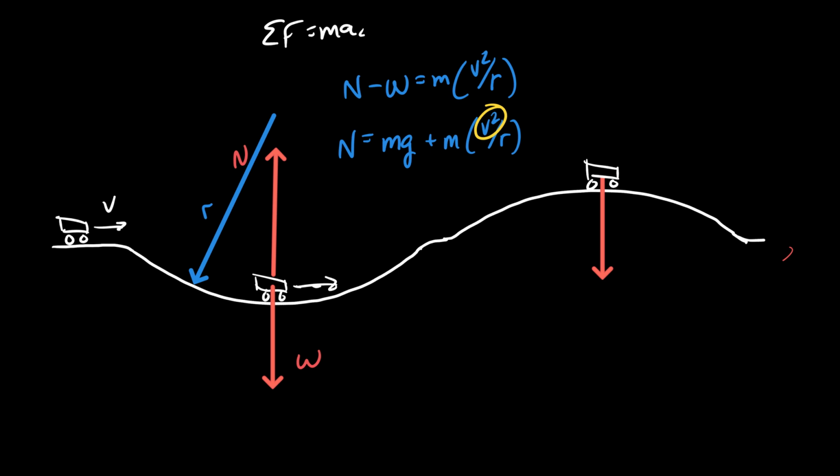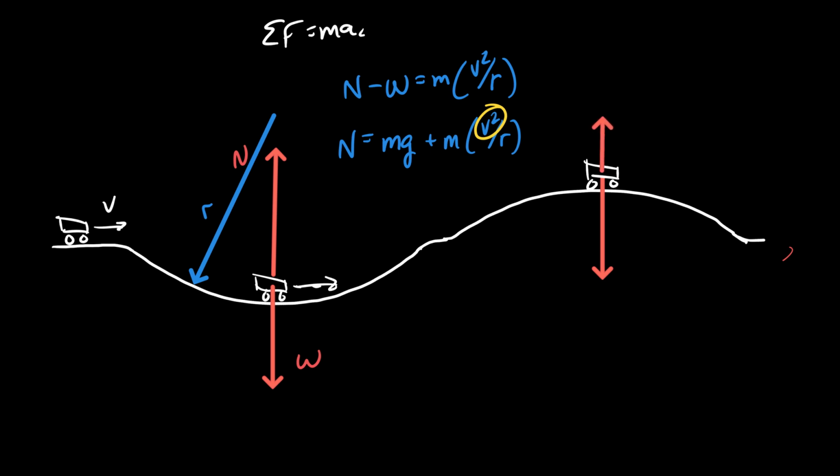Now, you have the opposite effect when you go over the top of something. I'm kind of exaggerating this, but you know that feeling at the bottom of the dip, but the over the top part feels like you're being flung out of your chair. Well, same thing's going to happen. The only force that can be pushing up on your car is the normal force.